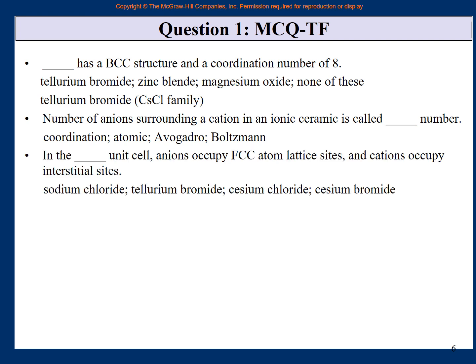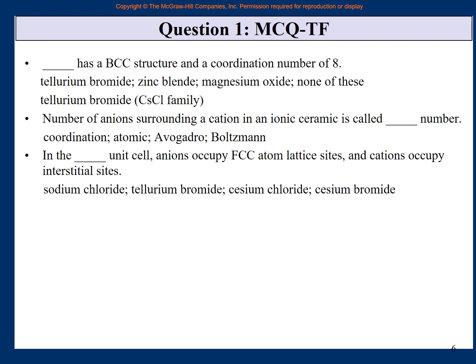Next question, in the dash unit cell, anions occupy FCC lattice sites and cations occupy the interstitial sites. So this is only one of them. As I just said, cesium chloride, sodium chloride, and zinc blend. So there is only one of them where the structure is basically FCC, and in the gaps in between them, interstitial in between them, the other atoms are there.